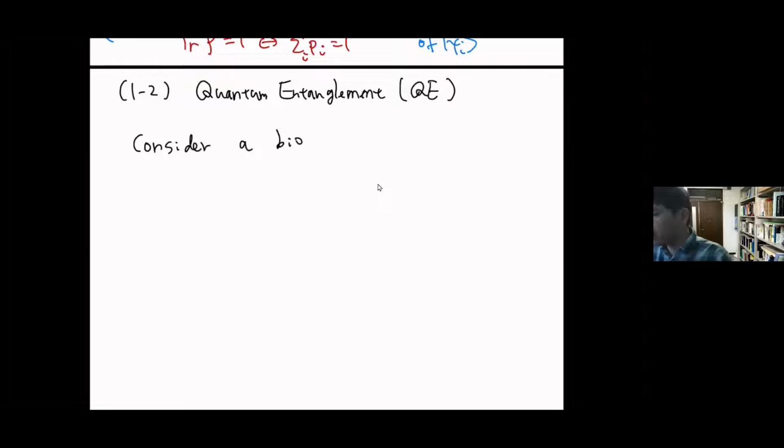Consider a bipartite quantum system, which means that the Hilbert space is factorized into two parts. The simplest example is 2 qubits. If we have 2 spins, you can decompose the Hilbert space into 2. But you can think about many spins, and just call part of the spins A, and the other part B. Then you can have this bipartite system.